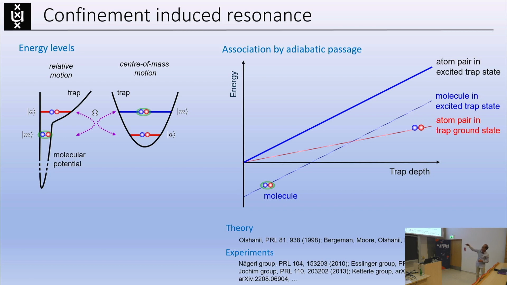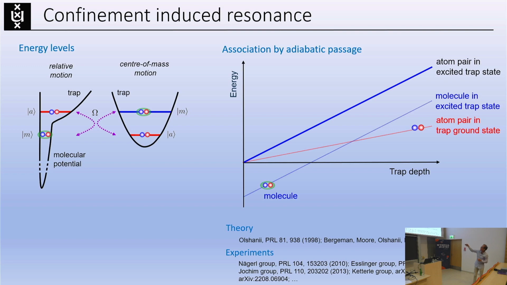So the initial state is just this here, both atoms in the ground state of the trap. Of course, it goes up with 2 times 1/2 h bar omega when we ramp up the trap. Yeah, good. We also have this molecular bound state, just 14 kilohertz below here. And we have to think also of excited center of mass motion.